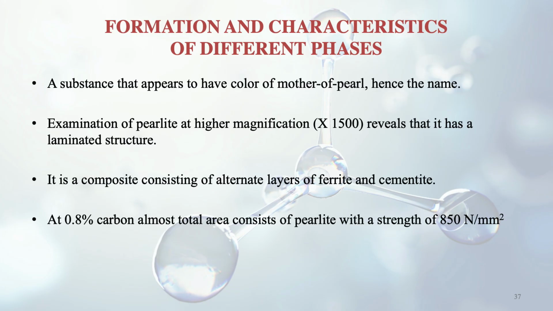At 0.8% carbon, almost the total area consists of pearlite with a strength of around 850 Newton per millimeter square. So you can see that around the 0.8% carbon area, meaning the eutectoid point, it is mostly pearlite and it has a strength of 850 Newton per millimeter square.